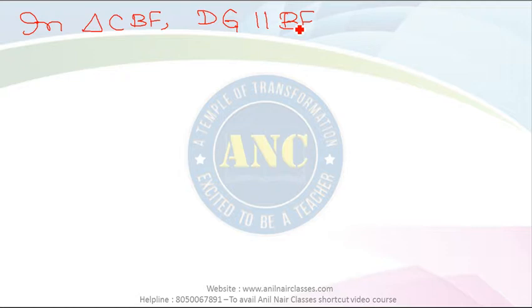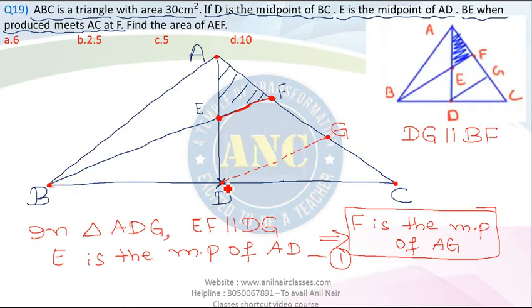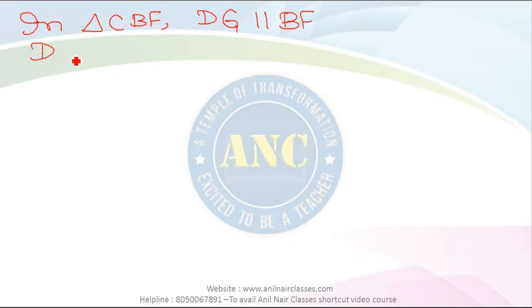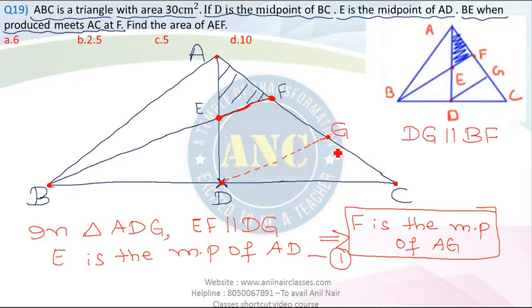Now, DG is the line parallel to BF, and I can also say that this D is nothing but the midpoint of BC. I hope you are understanding. D is the midpoint of BC, right? Now DG is parallel to BF, and also D is the midpoint of BC.